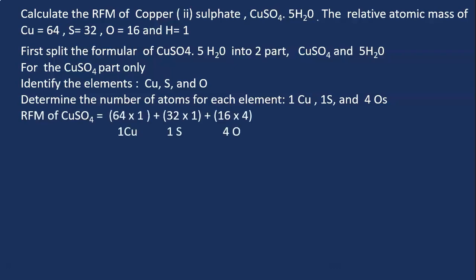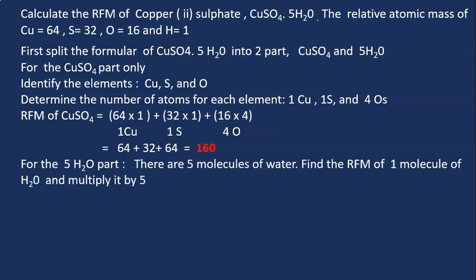Therefore, the relative formula mass of this part of the formula is equal to 64 times 1 for 1 copper atom, 32 times 1 for 1 sulfur atom, and 16 times 4 for 4 oxygen atoms, which gives us 64 plus 32 plus 64, which is equal to 160.